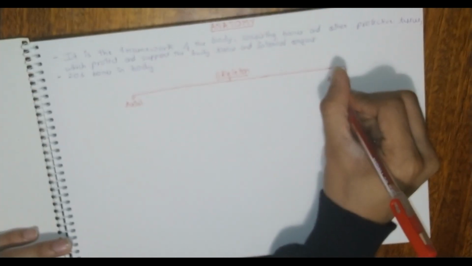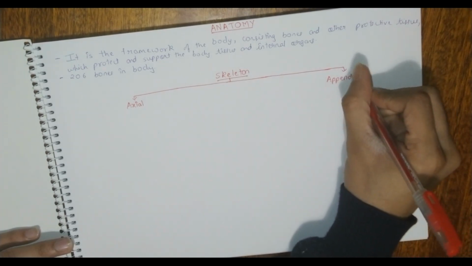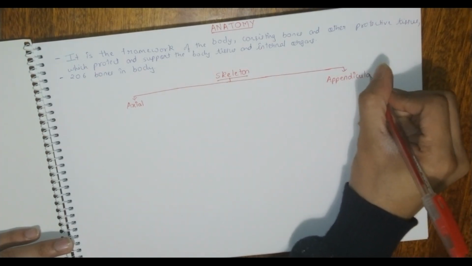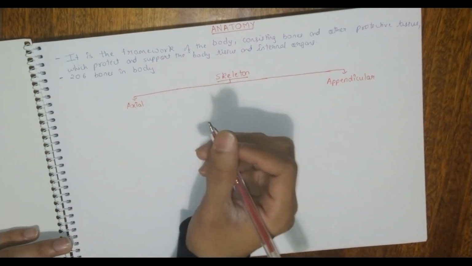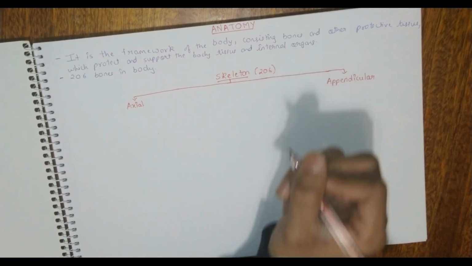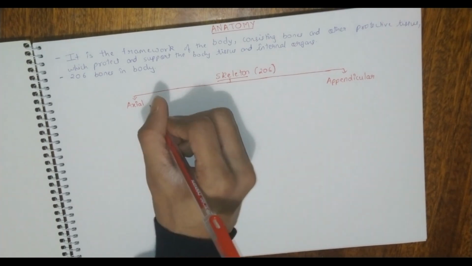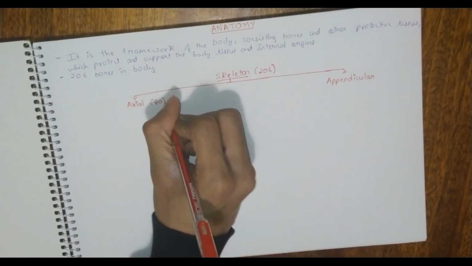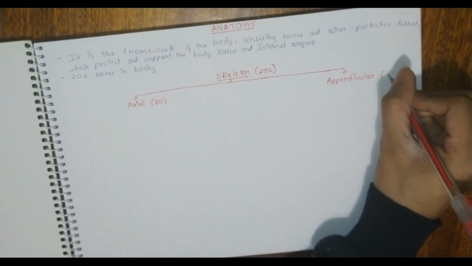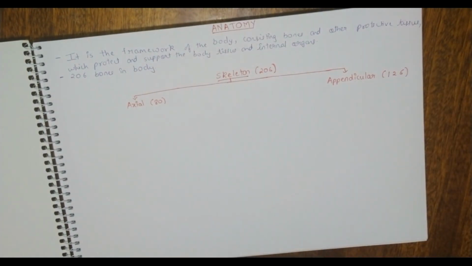So as you know, there are 206 bones. The bones are divided as 80 bones in the axial and 126 bones in the appendicular skeleton.